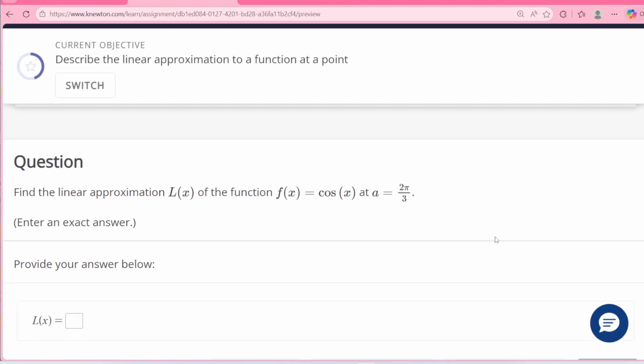And doing the same thing here for the cosine function at 2 pi over 3. So again, how am I calculating outputs on the tangent line to the cosine curve at 2 pi over 3.